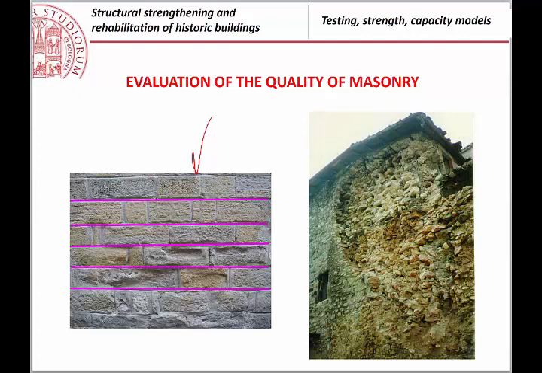In the second case, this is a typical case. This picture is taken from the earthquake in Umbria, but it is the kind of masonry that, unfortunately, we typically have in the center of Italy, so Umbria, Abruzzo, in all the mountain part of Italy along the Apennines.